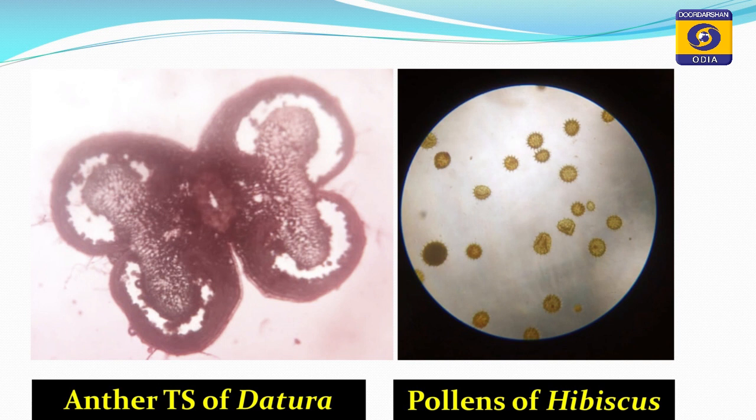In the second one you can see the pollens of Hibiscus rosa-sinensis, mandar. In the light microscope we have taken this, and you can see the pollens have spine-like structures in their exine, they are yellow in color. If you look at this and other pollens, they have different patterns in their exine.